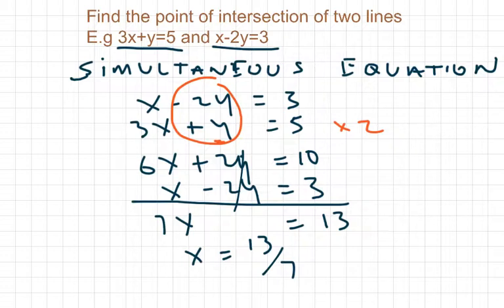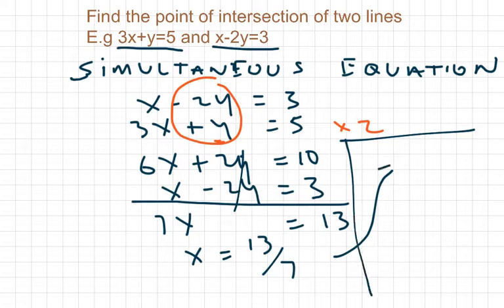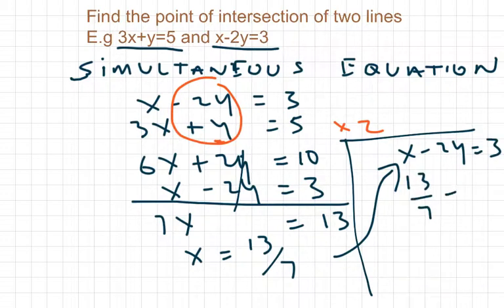And I'm going to put it into this now. I have x minus 2y is equal to 3. So I've got 13 over 7 minus 2y is equal to 3. Isn't this terrible? I've got minus 2y is equal to 3 minus 13 over 7.